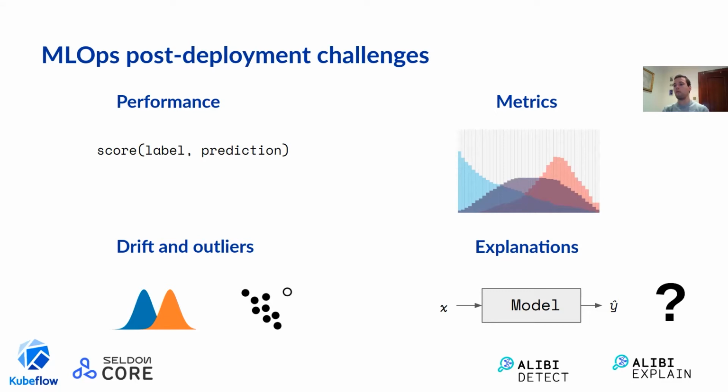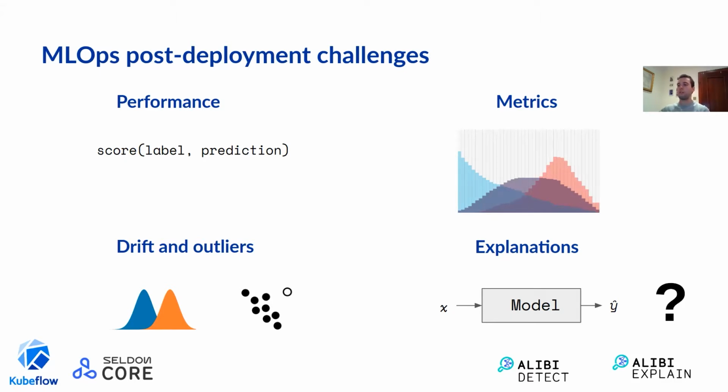And we identify four additional areas following model deployment, which are key for the success of any ML application. So first, you would need to monitor your model performance, as well as metrics related to the incoming data. Then we can go on to detect drift, outliers, and adversarial instances. And finally, we want to be able to explain our model predictions as well.